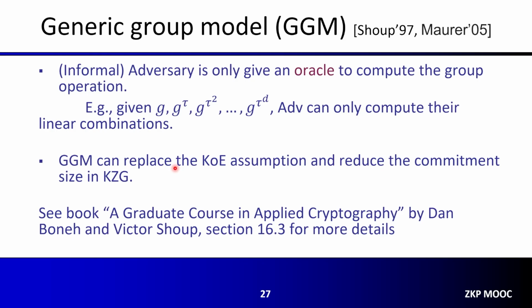That is why it is reasonable to use this to prove security in our case. And here is really an informal description of this GGM model. Please see the book by Dan and Victor for more details about the GGM model.